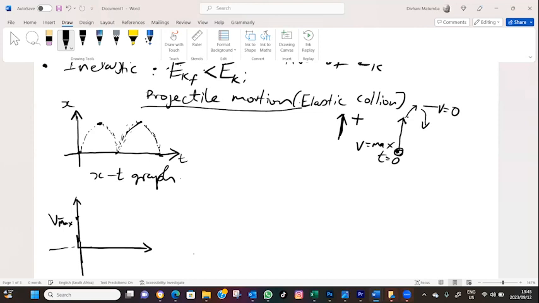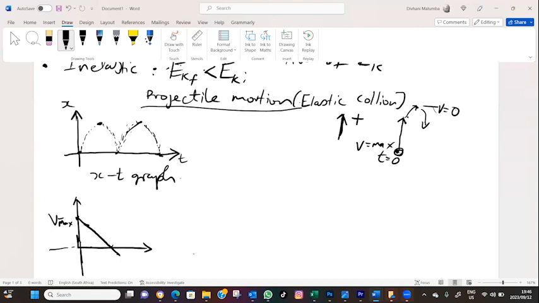Then as it goes up, your velocity decreases until it reaches the highest point. This is where the velocity is 0, as I have indicated initially, and then as it reaches that point, it starts to move in an opposite direction.